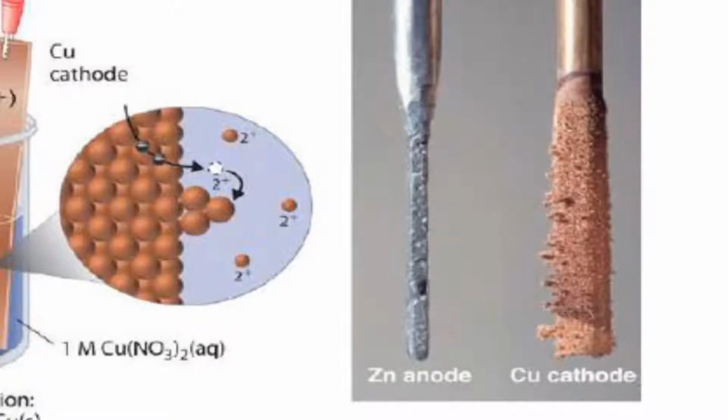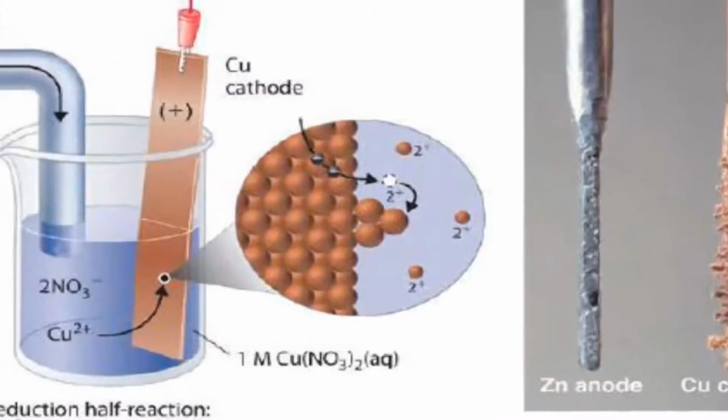Its mass decreases because the mass that's missing has gone into the solution as a 2 plus ion. And notice the opposite is happening on the copper cathode. The copper ions from the solution are gaining 2 electrons and plating on top of that already existing copper. So that mass is increasing. So that was what was meant when I made those statements, just so you understand that a little bit better.